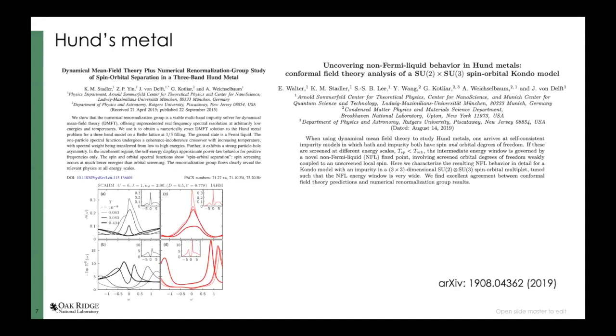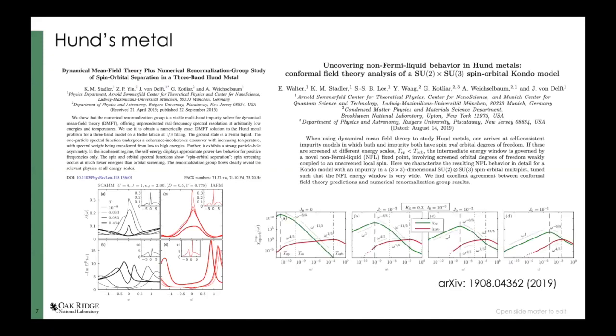The last one is more like a pure mathematical analysis, a CFD analysis of the model. They can extract the exponent, how the local spin susceptibility changes at different energy scales. That basically clarifies the Hund's metal picture: if you imagine naively, you have an orbital coherence temperature and a spin coherence temperature.